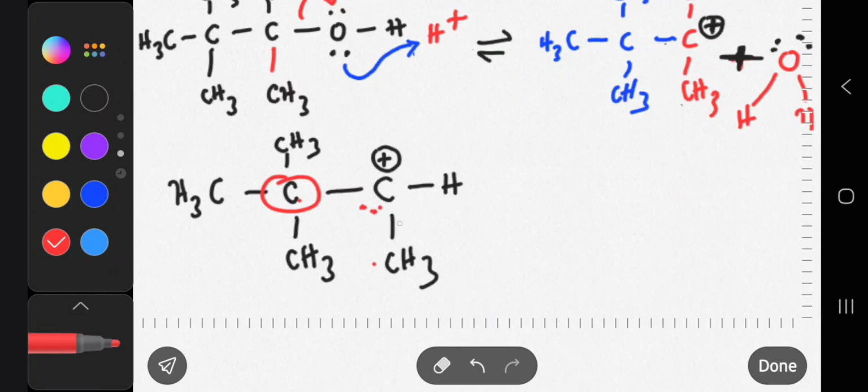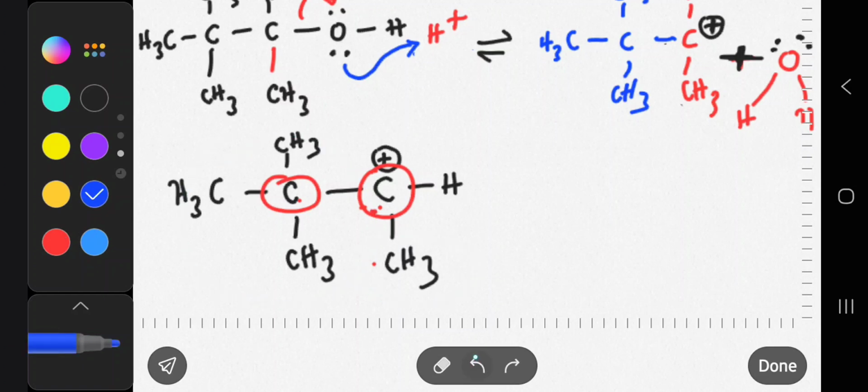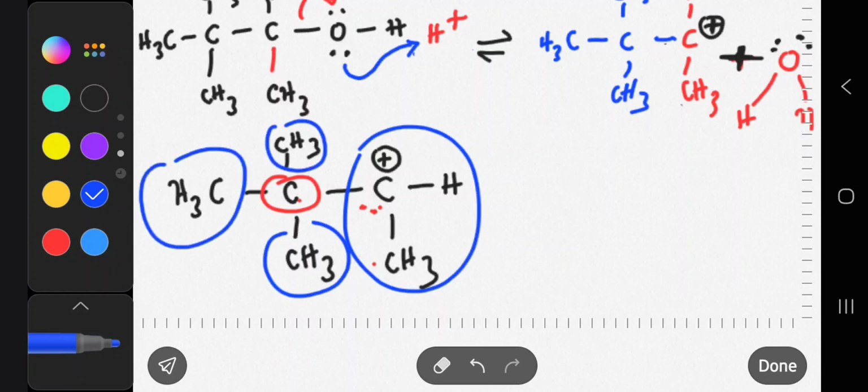This is owing to the fact that this carbon has only two alkyl groups, this and this. Can you see? Only two. But if you look at this carbon here, it has this alkyl group, it has this, it has this, it has this. So this is the most stable carbon.